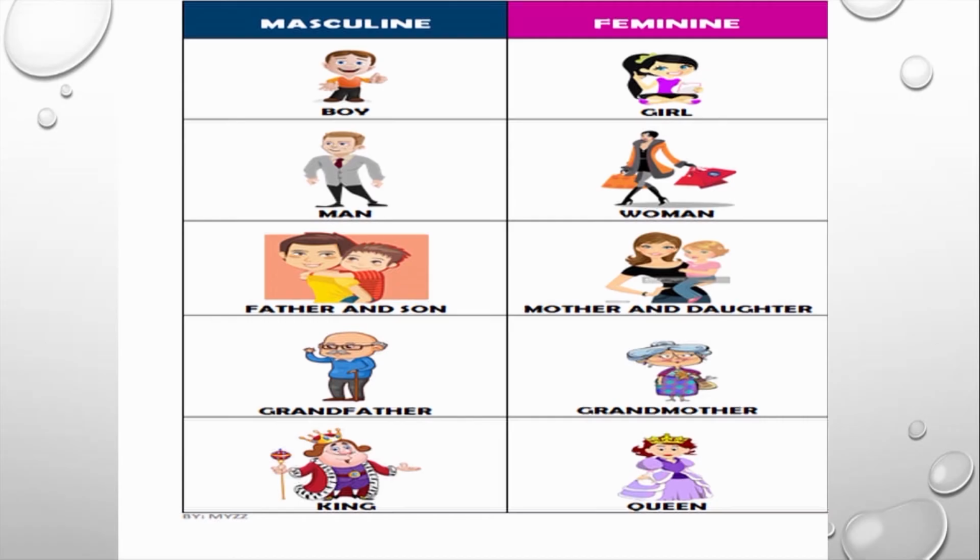So we have a few here. We have something like boy, which the feminine version would be girl. We have woman, the male version would be man, right? So you have a female gender, you have the male gender. So you have mother and daughter, you have father and son, you have grandfather, as we saw before, and you have grandmother, or king, and you have queen.